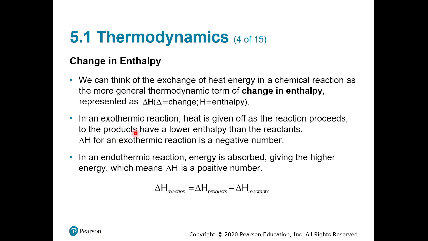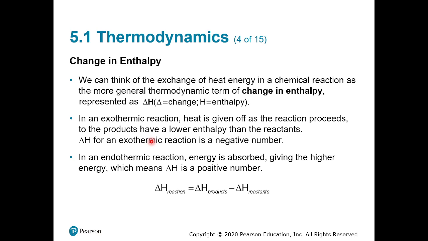So in an exothermic reaction, heat is going to leave the system. It's going to leave with the products as we proceed through the reaction. And so our exothermic change in enthalpy is going to be a negative number because it is leaving the compound.